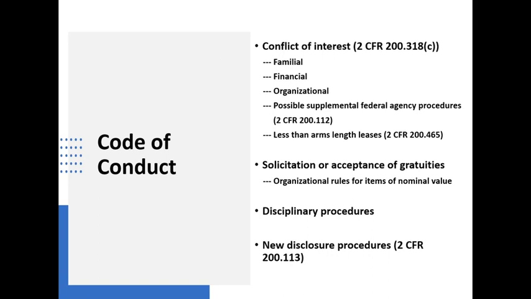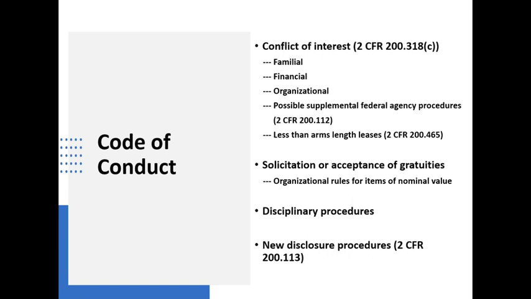Well, it certainly has, and that's one of the reasons why OMB has slammed the door on it in Section 200-465. OMB also gave federal agencies the ability to add supplemental federal agency procedures. That is, to go further than what Section 318C does.